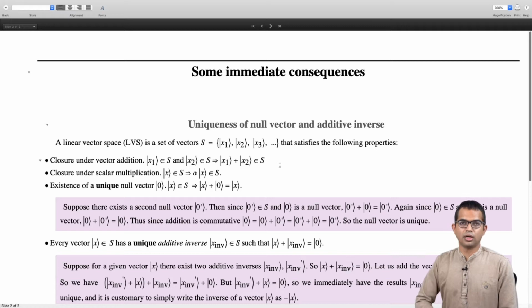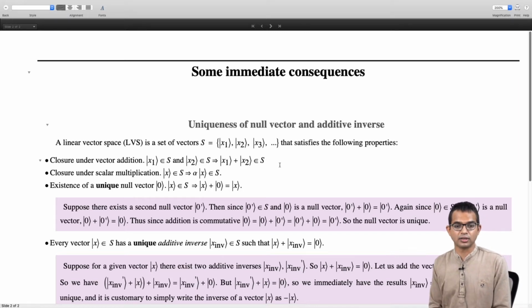So now we want to argue that it automatically implies that this is going to be a unique null vector. The definition does not have to explicitly forbid the presence of more than one null vector, but we will see that it's impossible to have more than one. There is going to be one null vector. You can actually prove it.